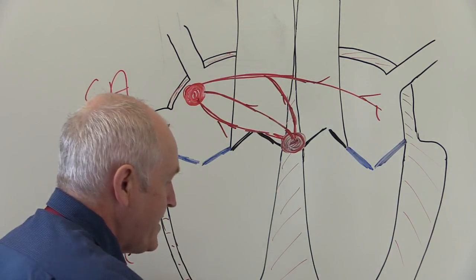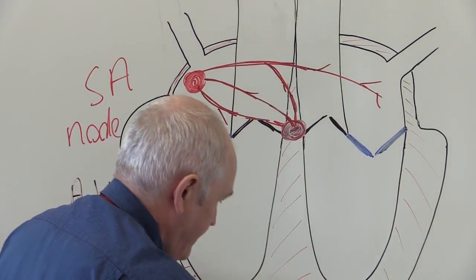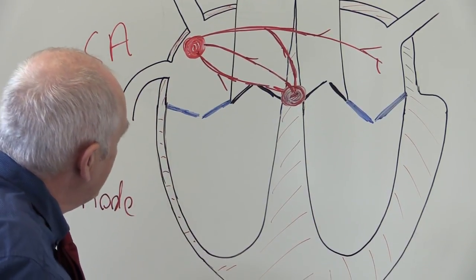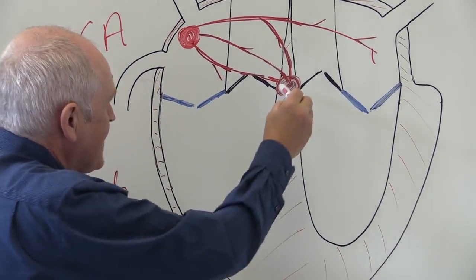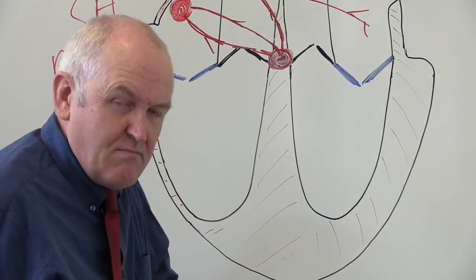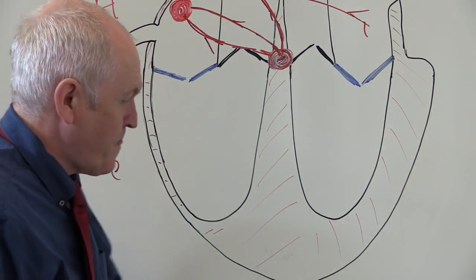And of course, remember, we want the heart to contract basically from the bottom up, the bottom being the cardiac apex. Now, what actually happens is, as the impulse is going through this node, it's delayed by about 40 milliseconds, something under a 20th of a second.